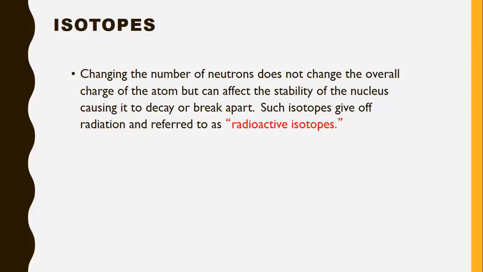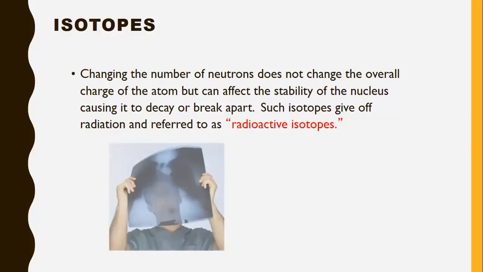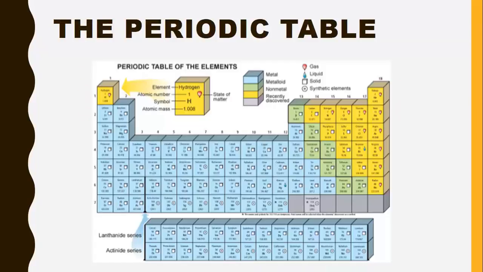Changing the number of neutrons doesn't change the overall charge of an atom because, again, neutrons have no charge, but it can give off radiation, and this type of radiation makes that element known as a radioactive isotope. This is how we get X-rays.